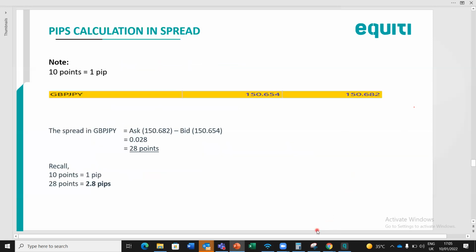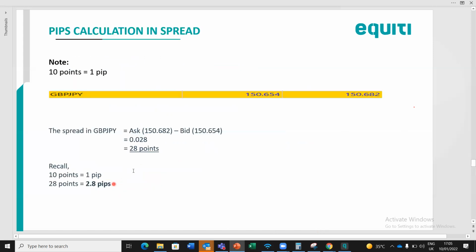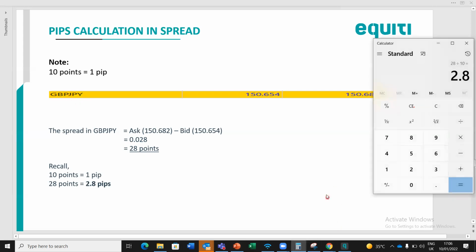Let's quickly go back. Let's do something. So we're using 28 points, right? So let's assume this is a spread. This is what you pay as a spread for trading GBP JPY. Now, if you're using the smallest micro lot, which is 0.01, what it means is this, that you're going to pay 28 points multiplied by the lot size, which is 0.01, and this gives us the commission.